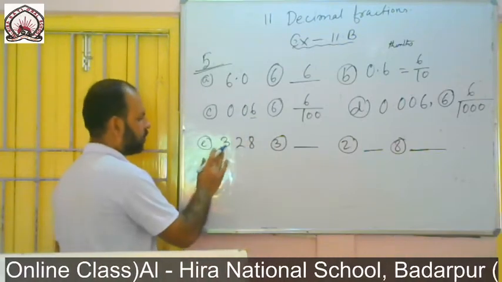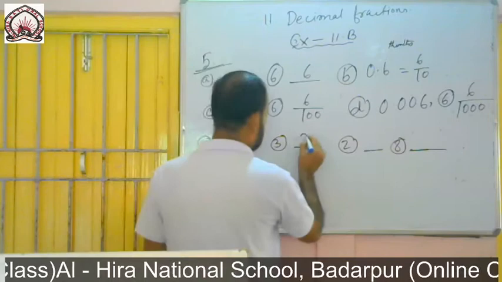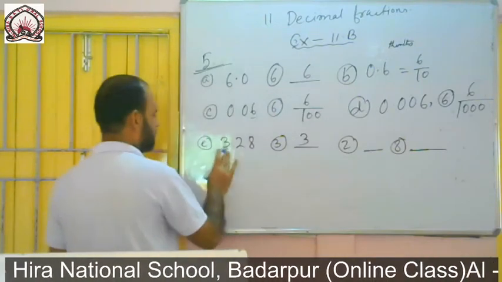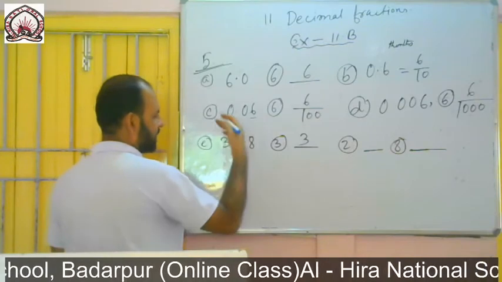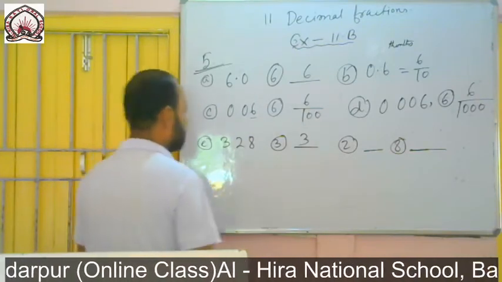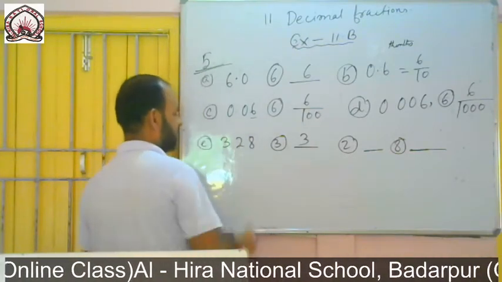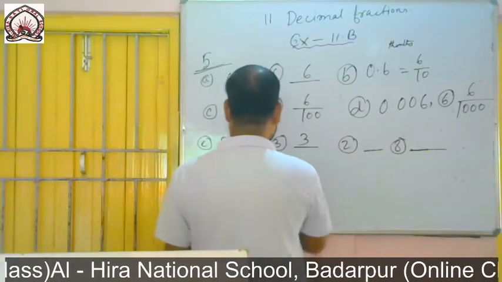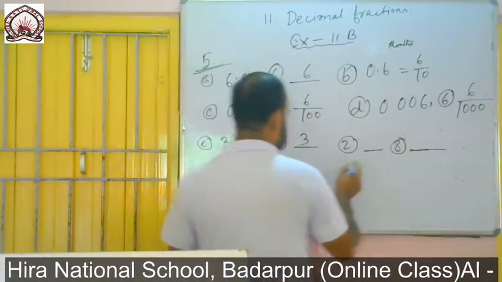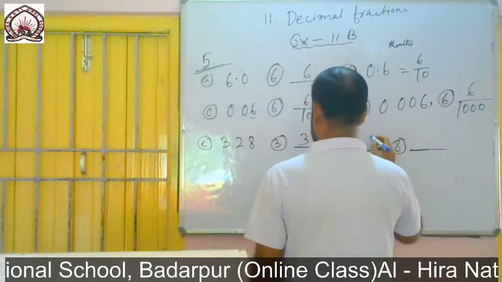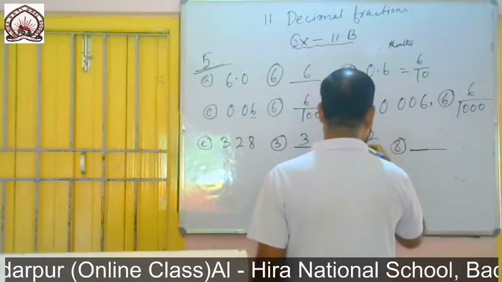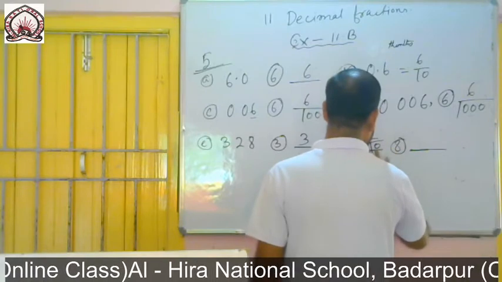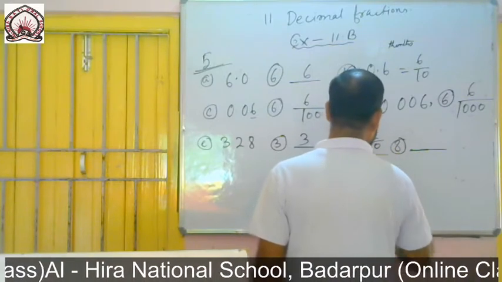So the place value of this 3 is 3. This 2 is after the decimal, that means it is the tenths place. Tenths place means the place value of this 2 is 2 by 10.